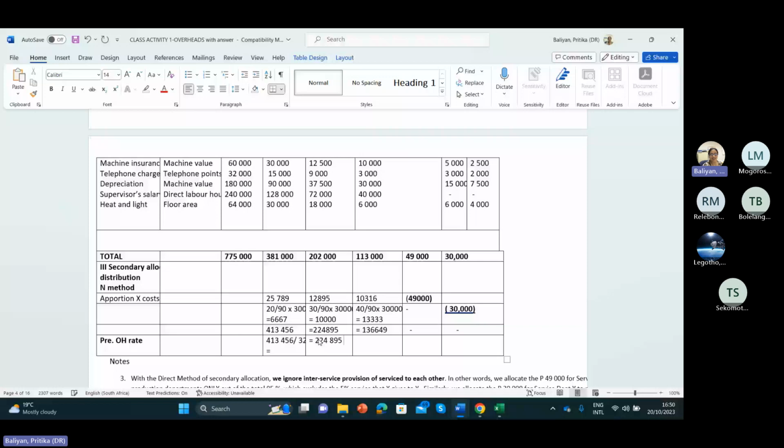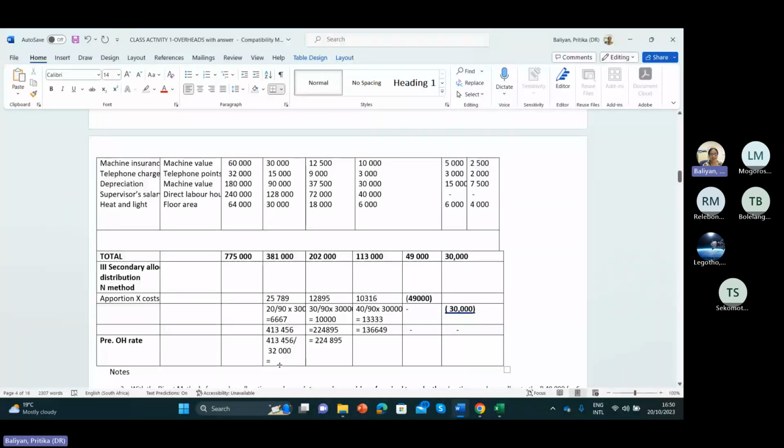For B, it is 32,000. So how much is going to be per hour? Divided by, 12 pula and 92 tabi. Same thing, for B you divide it by 18 hours.